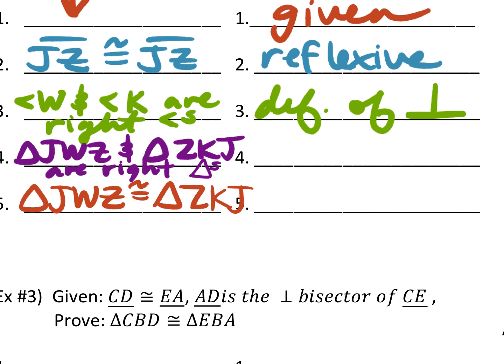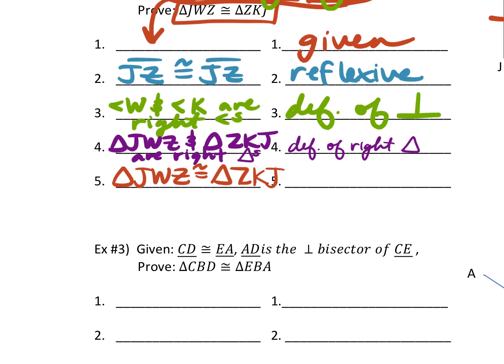We already said right angles. Now we have to say the right triangles. And the reason for that one every single time will be the definition of a right triangle. This one always comes after we have said we have right angles, okay? So if we've said we have right angles, then we know we have right triangles, because the definition of a right triangle is a triangle who has one right angle, right?